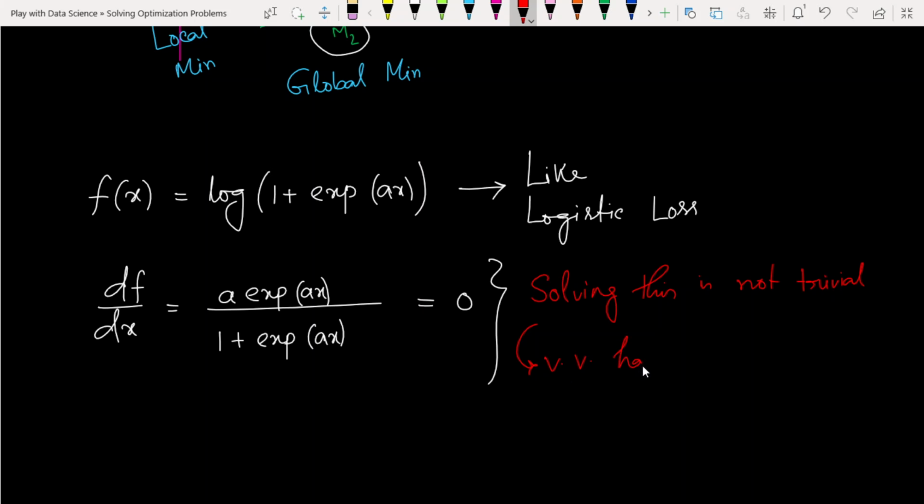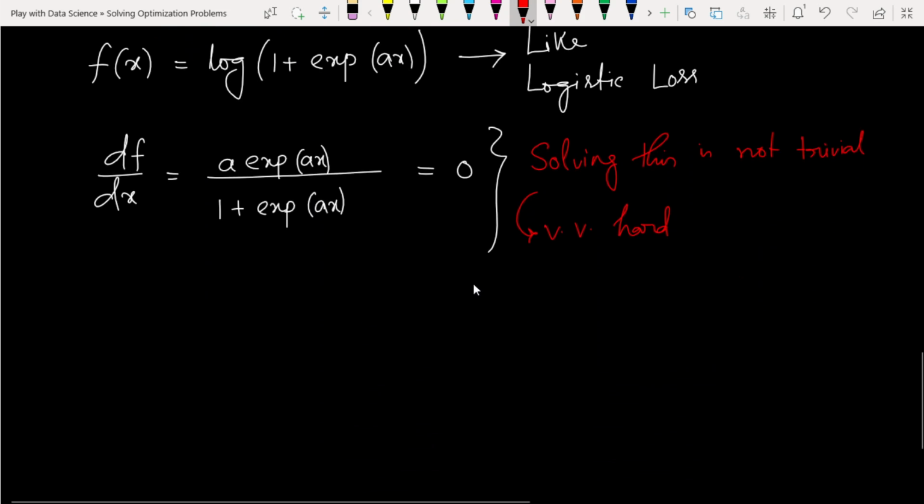So differentiating to find the maximum and minimum is not easy, sometimes it is a very hard task for complex equations.